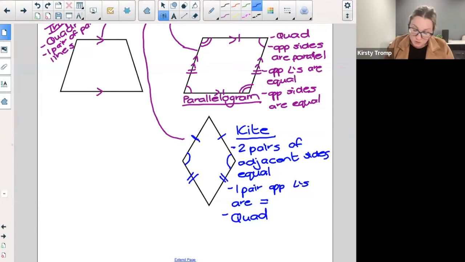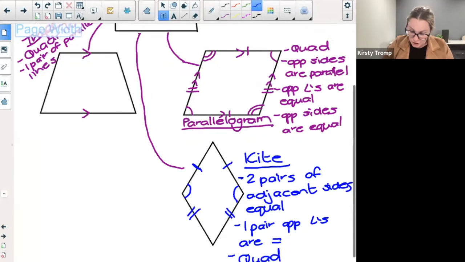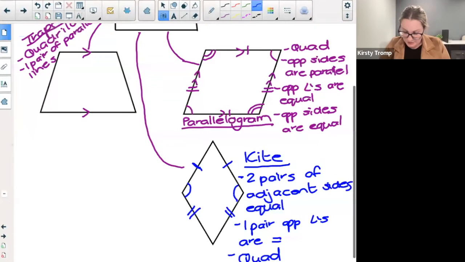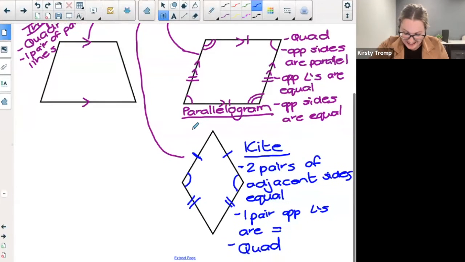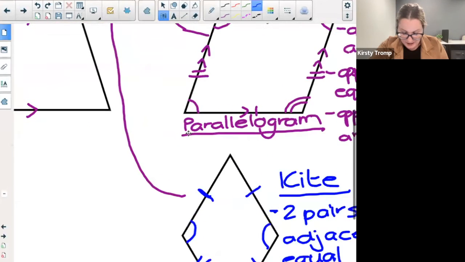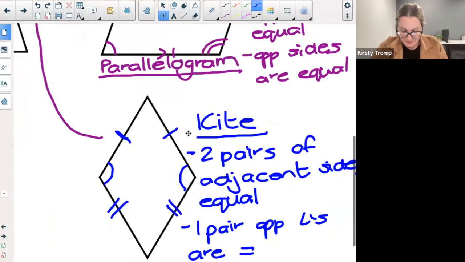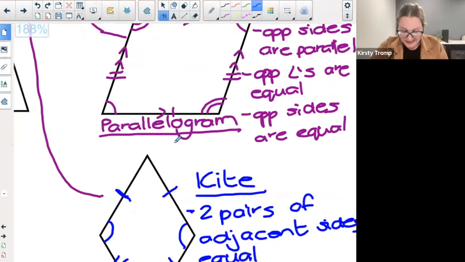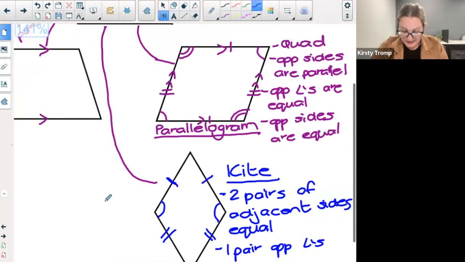All right, so we're going to look at this side of the screen. We're going to move on from this trapezium. So we're not going to focus on the trapezium, but we're going to focus on the kite and the parallelogram.